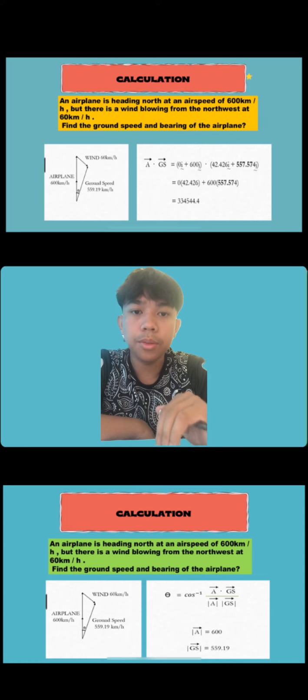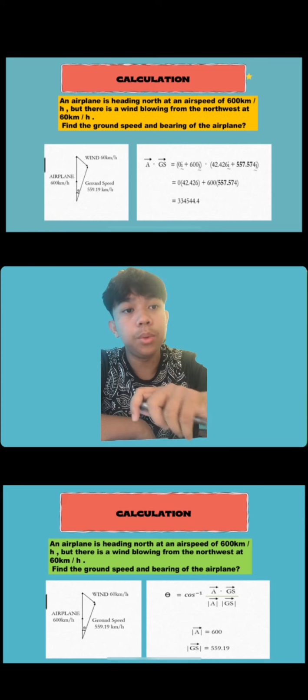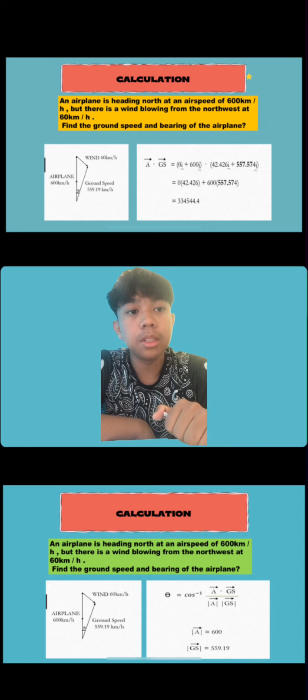The formula to find the scalar dot product is vector A times vector B equals determinant A times determinant B times cos theta. In this case, we will use vector A, which is the airplane, times vector GS, which is the ground speed, and multiply the numbers from the past calculation to get 334,544.4.